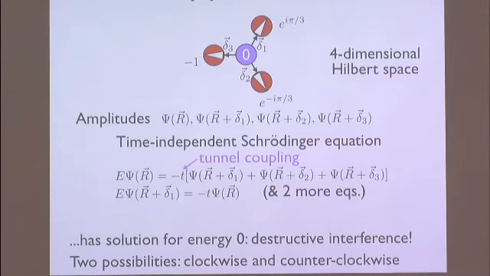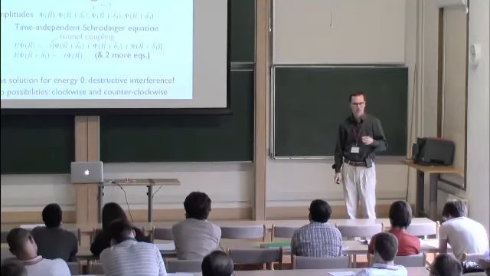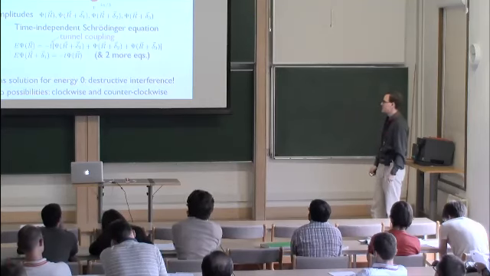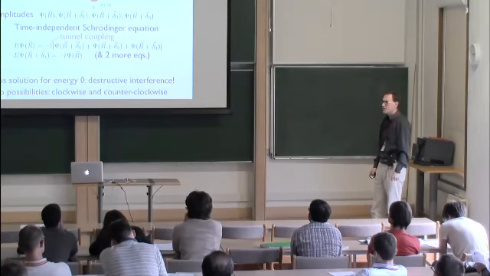But I can as well choose different directions, such that when I traverse the sites in a clockwise direction, the complex phase will just do the opposite. And that's really an orthogonal eigenvector. And so the energy 0 here is doubly degenerate. And this will happen again, and this will become important. So there are these two clockwise and counterclockwise solutions for energy 0. Okay, so is that clear?